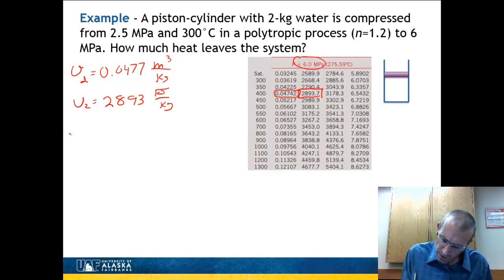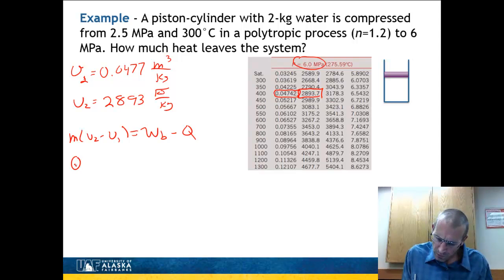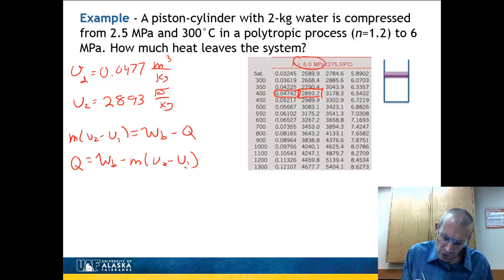Now we can plug all these numbers in. Let's go back to our energy balance. U2 minus U1 is equal to boundary work minus Q. Rearranging, Q is going to be equal to the boundary work minus m times (U2 minus U1).